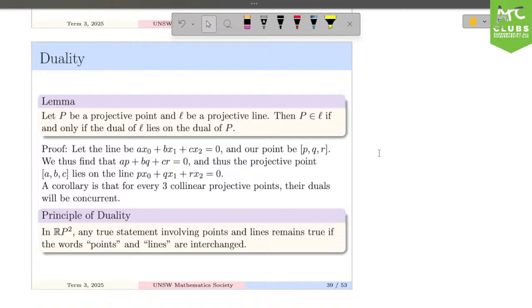This makes it a lot easier to prove certain theorems, as we'll see at the very end of the slides.